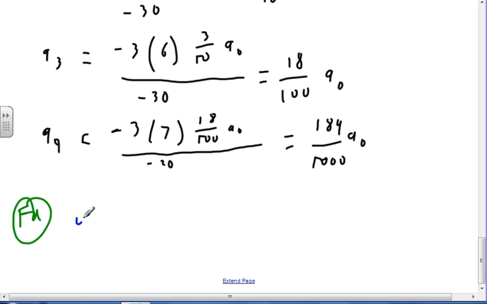Okay, so my final answer, I'm going to have y is equal to A0x to the minus 5, right?